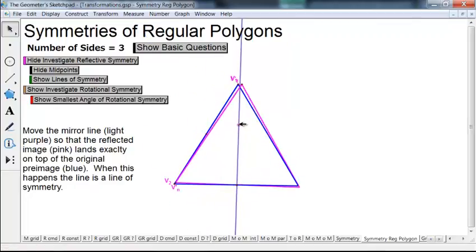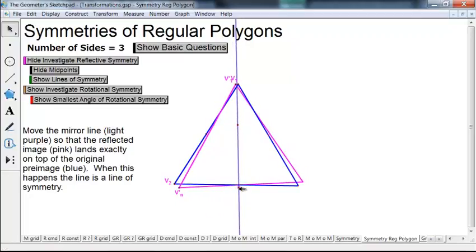Where could this maybe, oh wait a minute, look there. So there is a line of symmetry. If I go through a midpoint here and then go through the opposite side here. Get that just right. Now what happens? This point here is fixed at vertex 1, but vertex 2 and 3 swap places basically.